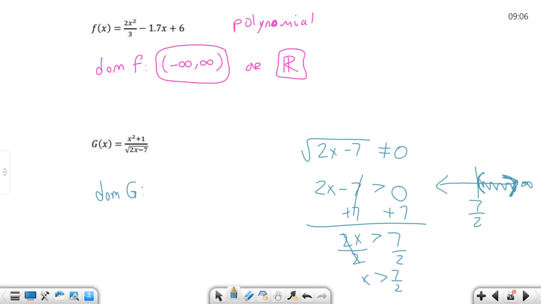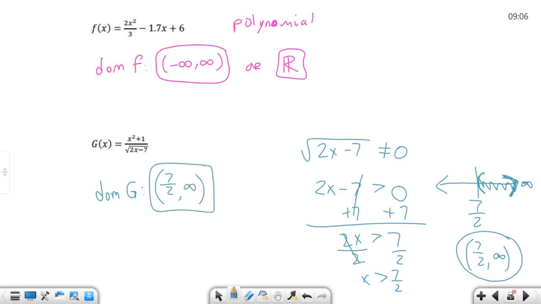So 7 halves, comma, infinity. We have parenthesis 7 halves, comma, infinity, which always gets a parenthesis, and there's your interval notation. Parentheses on the 7 halves because it's in the denominator, and it can never be 0 there. Okay?